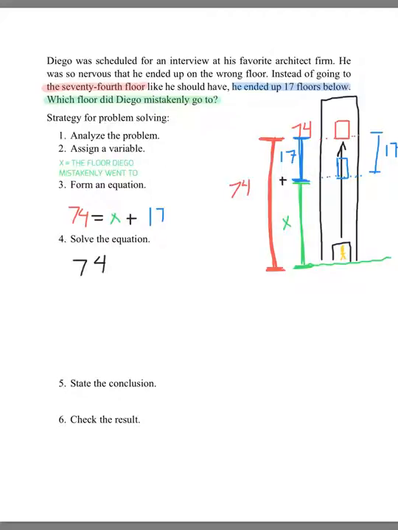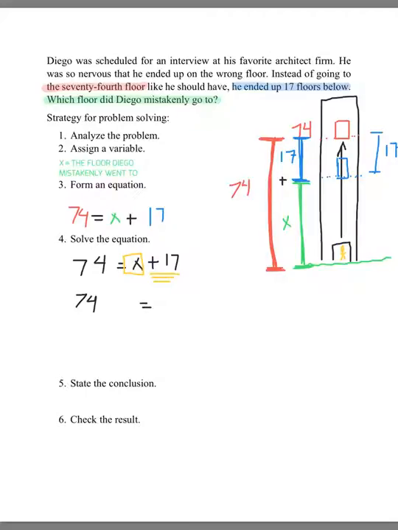We'll start off with the original equation, 74 equals x plus 17. Now again, we want to get the x variable completely by itself. So we want to undo this addition of 17. The only way to undo addition is through its opposite operation, which is subtraction. So we're going to subtract 17 from both sides.